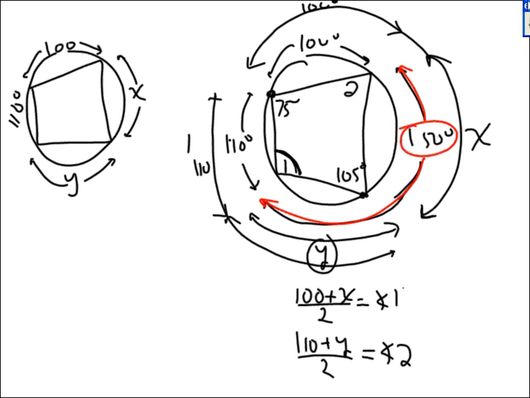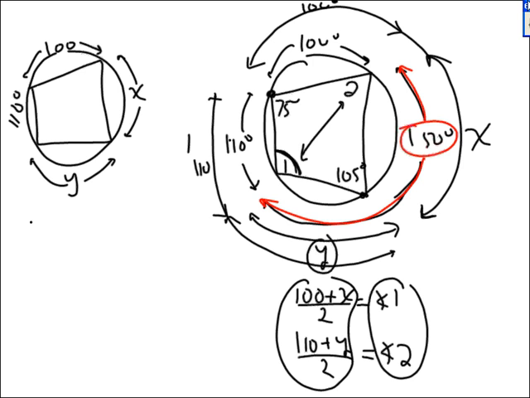I know that when I add angle 1 plus angle 2, since they're opposite angles, it's 180. When I add the left side, since they have a common denominator, 100 plus 110 is 210, and I add the x plus the y. This adds up to angle 1 plus angle 2, which is 180 degrees.